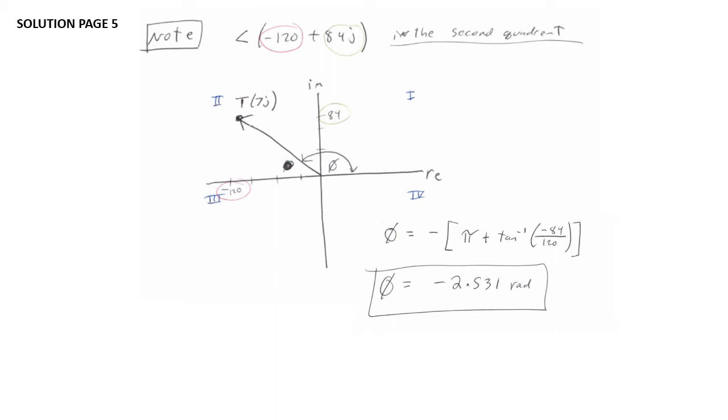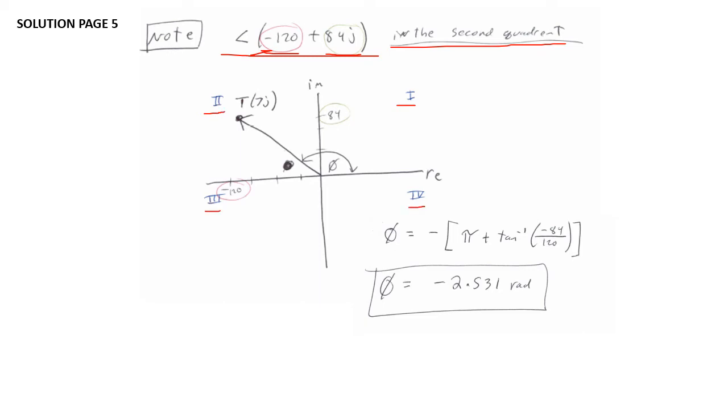We need to realize that for this angle, if we're talking about our real and imaginary parts, we're going to be in our second quadrant, because this is a negative 120. If we look at a coordinate system down here, there's coordinate 1, coordinate 2, coordinate 3, and coordinate 4 in the top right.